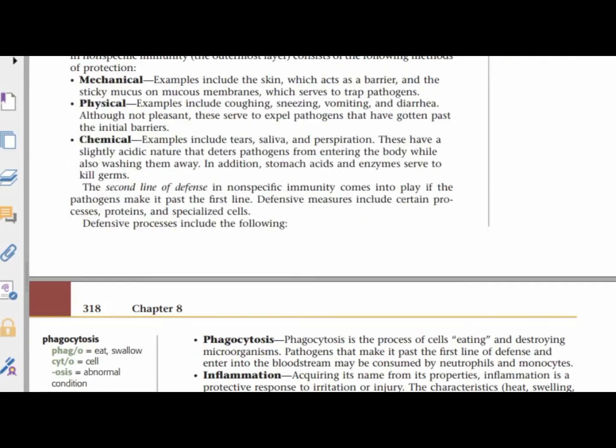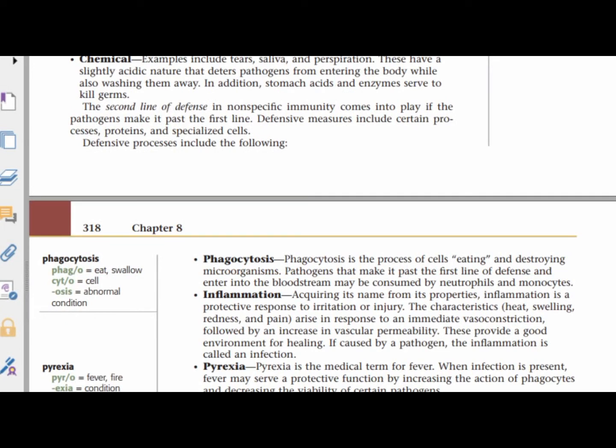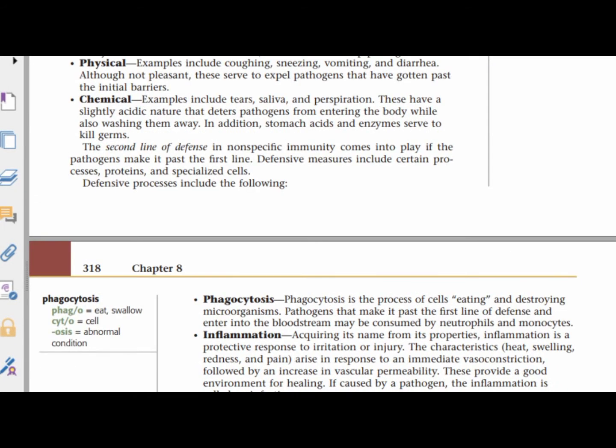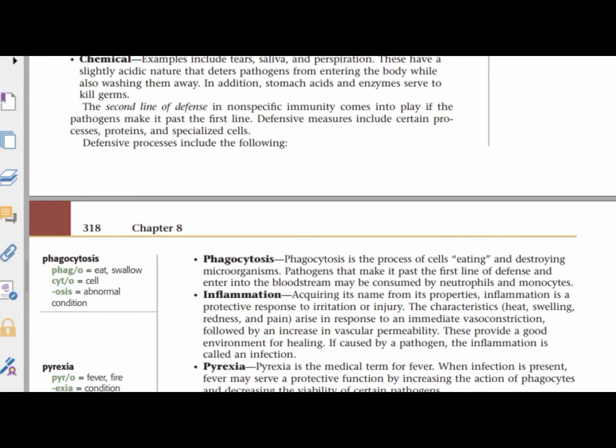Let's go now to the secondary defense. I have your phagocytosis, inflammation, pyrexia or fever. Pyrexia means fire or fever. Inflammation refers to the inflammatory response of the body, so it is still non-specific. Phagocytosis is non-specific because when phagocytes engulf, it includes the good and the bad cells.